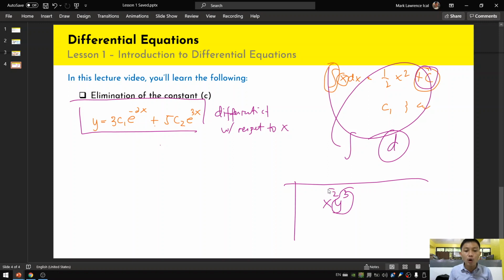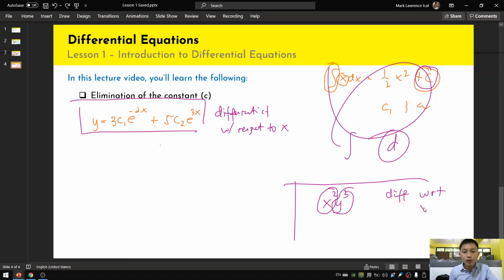So you're only going to notice x squared because you say differentiate with respect to x. So x lang ang papansinin mo. So you have 2x y cubed. Okay?